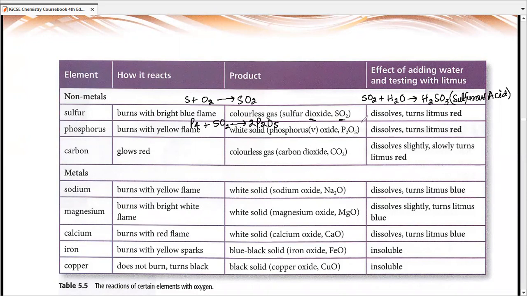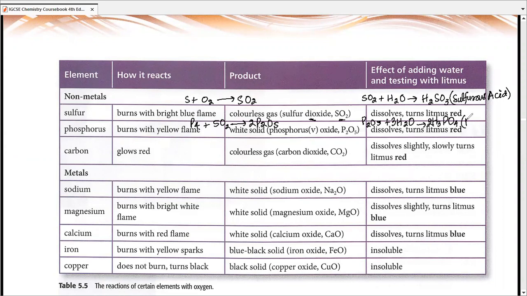So when we dissolve this P2O5 into water, it forms H3PO3. Okay, let's see if we can balance this equation out. Actually, this is going to be H3PO4, so I am going to rearrange it a little bit.